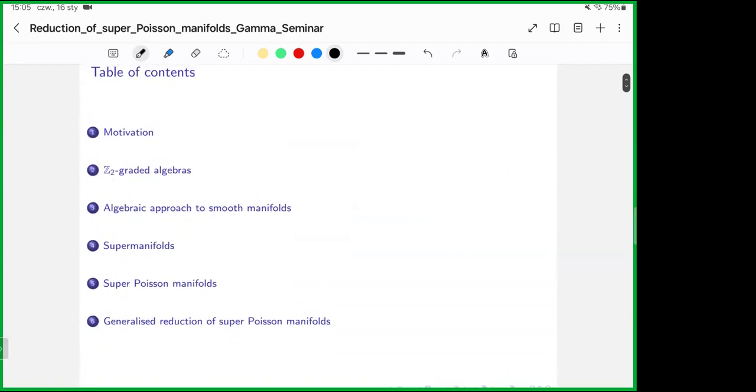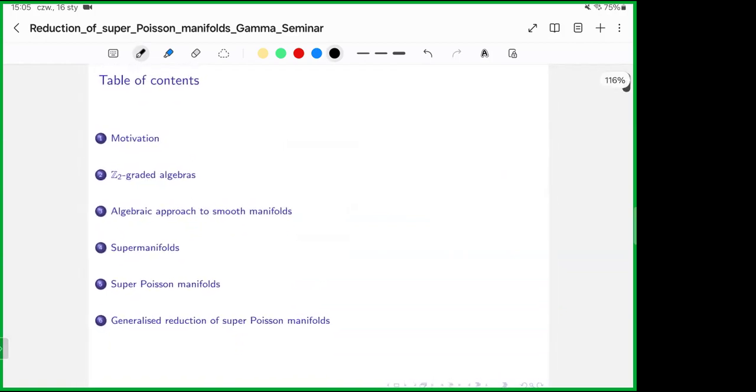At first, I would like to present the outline of my talk. At first, I'm going to motivate introduction of anti-commuting variables into the framework of differential geometry. Then I will move to the Z2 graded algebras and introduce necessary notions in graded rings and algebras.